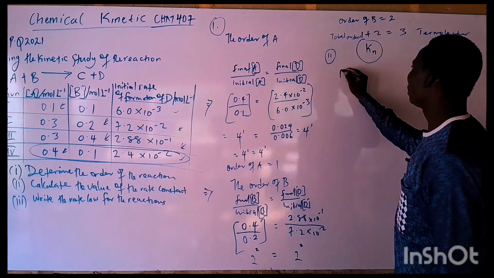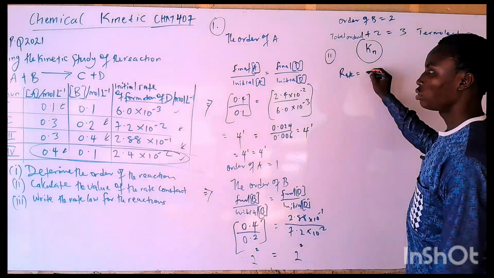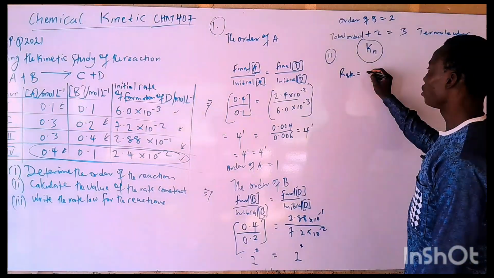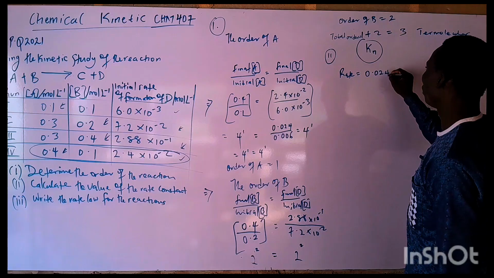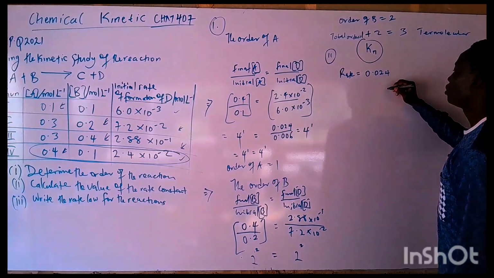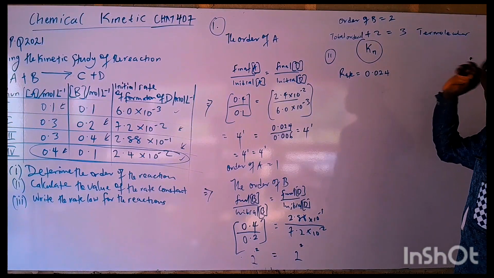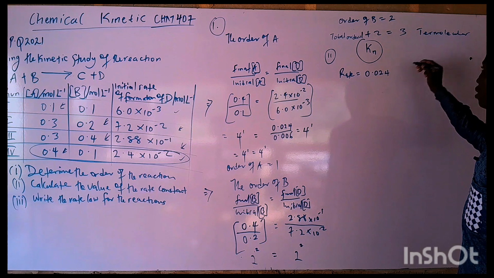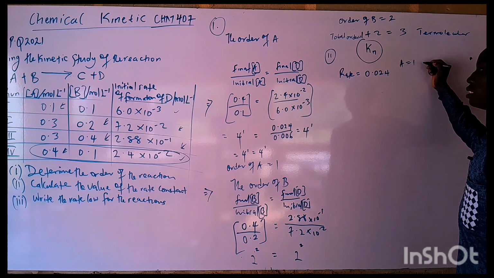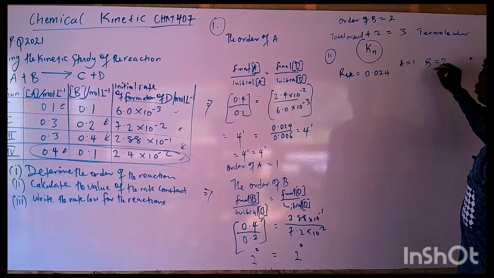So now, using the value that we have in this place, this is what we are going to have there. Our rate equals to this, that is 0.024. With respect to the individual values given there, when A equals 1, take note, B equals 2.